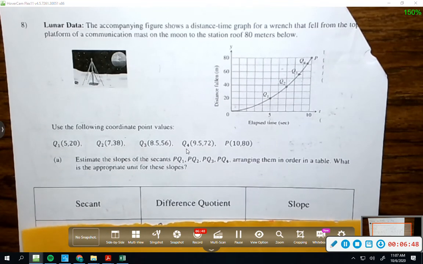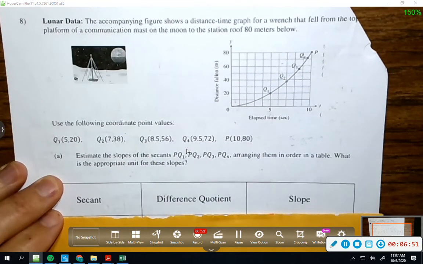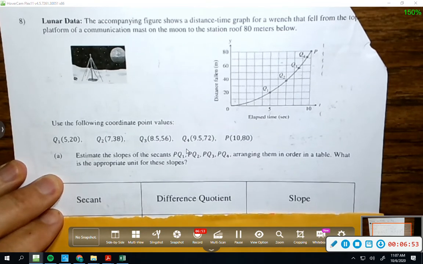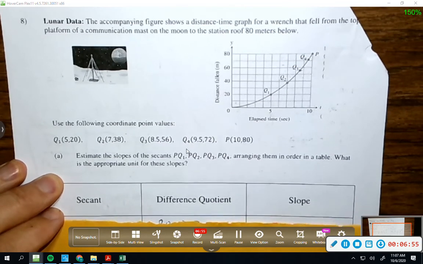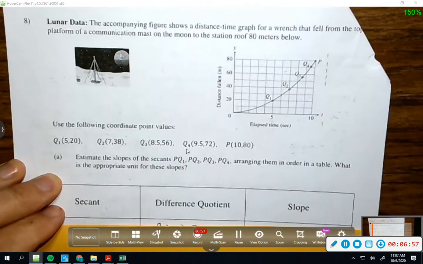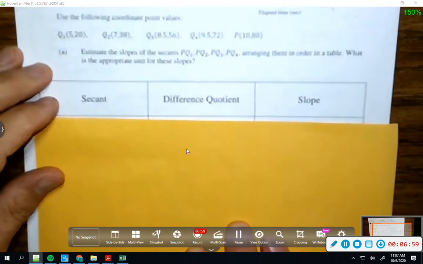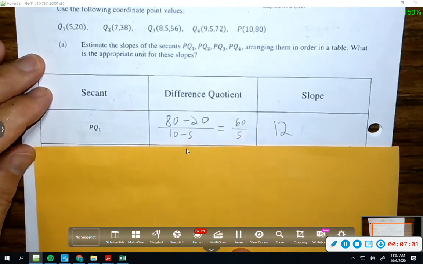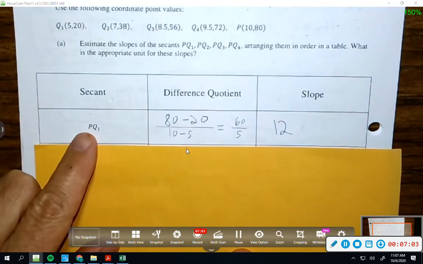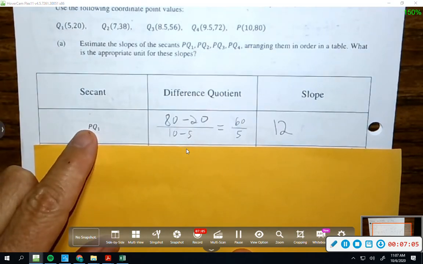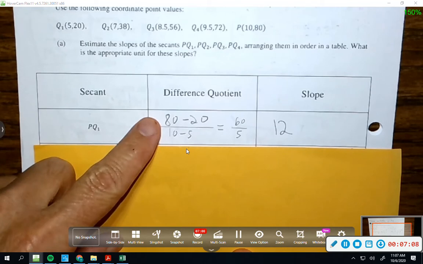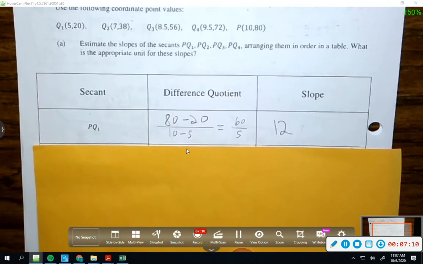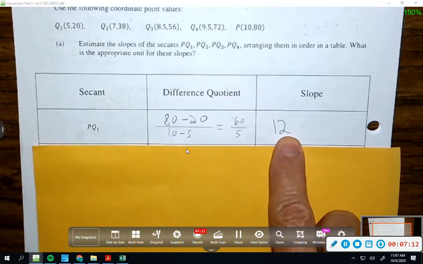Just knowing the slope formula is definitely going to be a situation that pops up on the test in several different locations. Even once, for sure, on the free response. So I'm just subtracting from point P to point Q sub 1, subtract the y's over subtract the x's. We get 60 over 5, or a slope of 12.